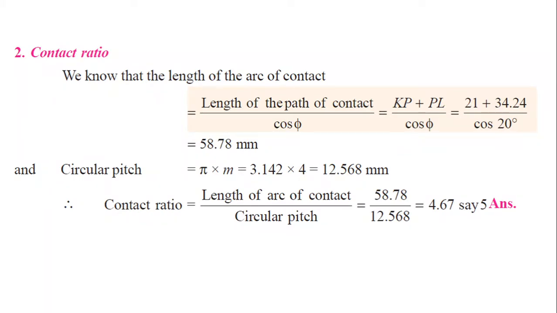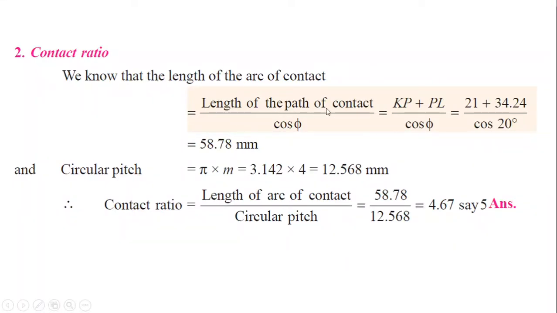Next, find the value of contact ratio. Contact ratio is nothing but length of arc of contact divided by circular pitch. For this we have to find the length of arc of contact, which is nothing but length of path of contact divided by cos phi.